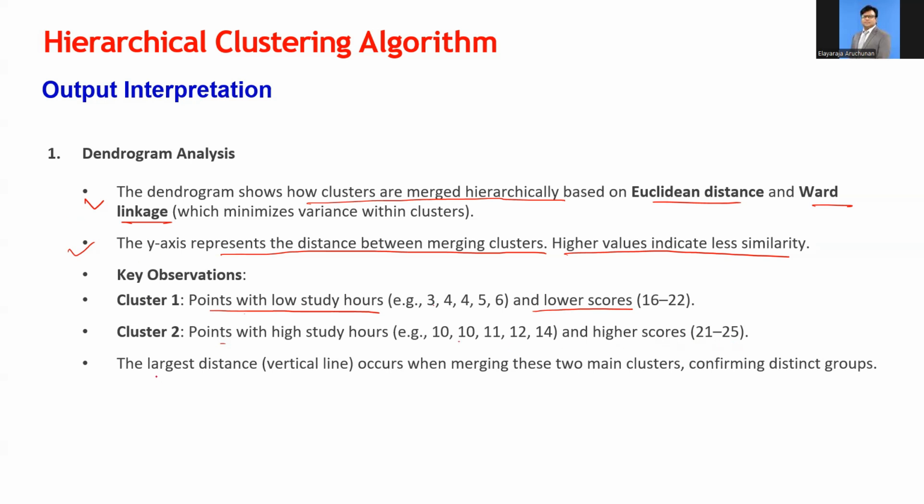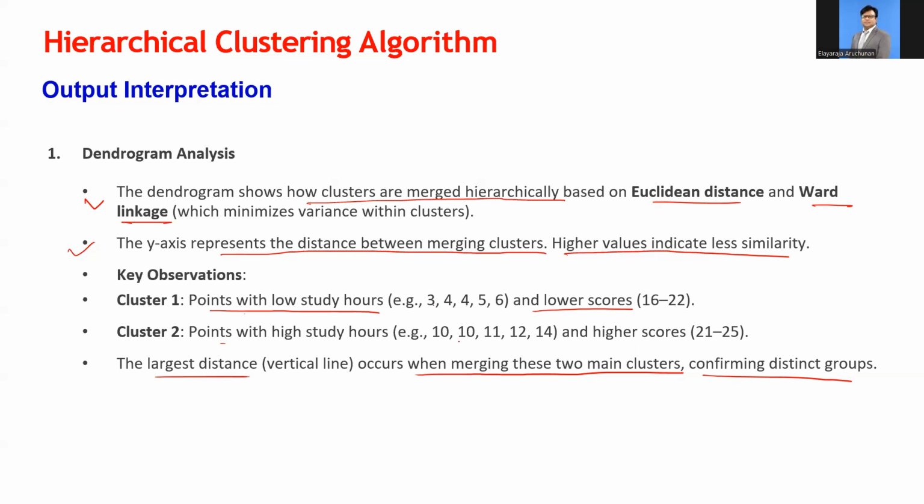The largest distance, which you can see on the vertical line, occurs when merging these two main clusters, confirming the distinct groups. So there are two different groups, as I mentioned. All right, so this is the output.